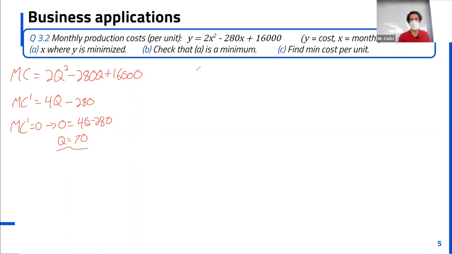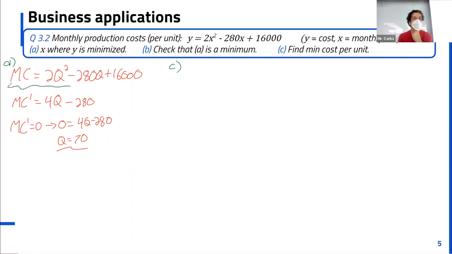So let's see. Part C, I didn't label this. We're trying to find the actual minimum cost per unit. So we have this location here, 70. Which equation should we use to find the actual minimum cost per unit?